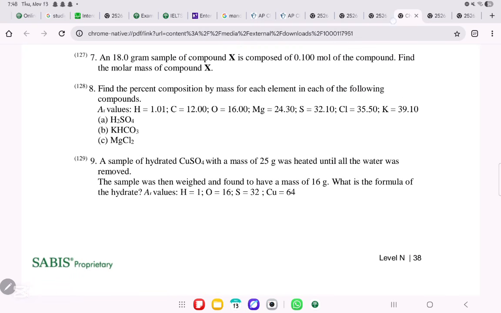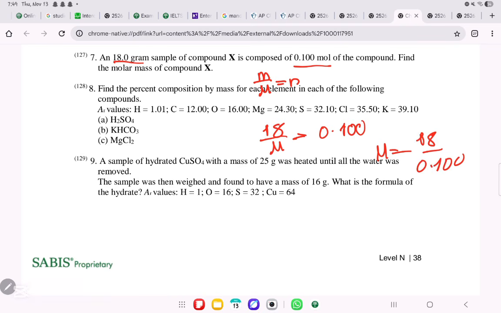An 18-gram sample of compound X is composed of 0.100 mole of the compound. Find the molar mass of compound X. Mass over molar mass equals number of moles. 18 over molar mass equals 0.100, so molar mass equals 18 over 0.100.